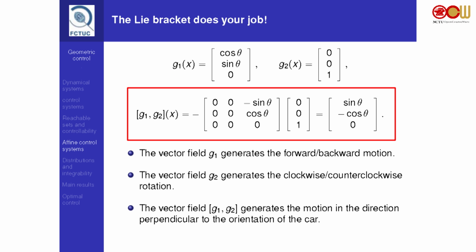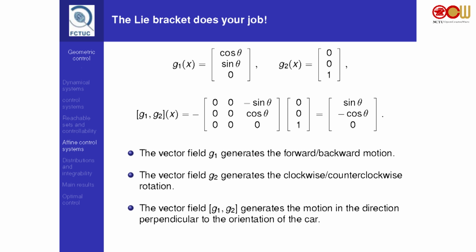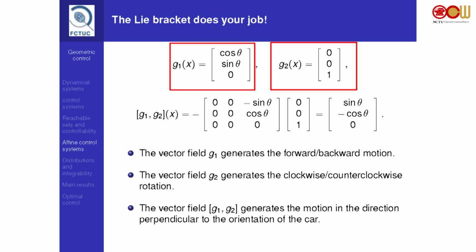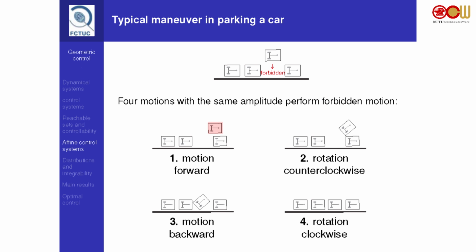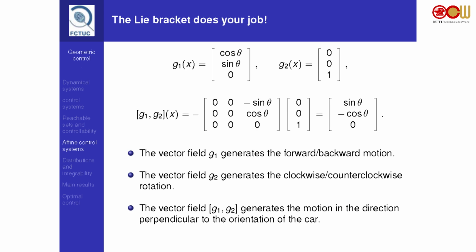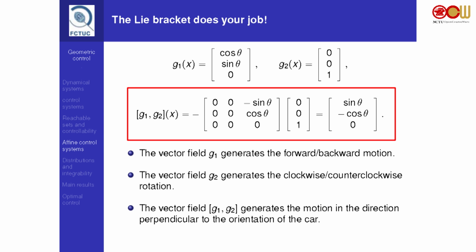This one means that if you use the combination of this G1 and G2, you drive and steering, you combine these two actions, you will obtain a motion that's called slide. If you use U1 and U2, you can move a car from here to here. It's kind of slide. So here is G1 and G2, which is the coefficient of U1 and U2.